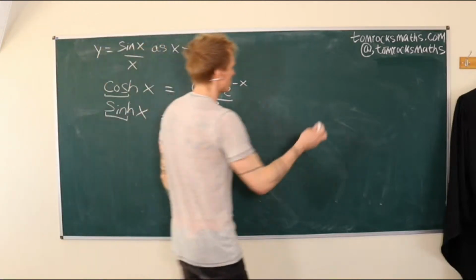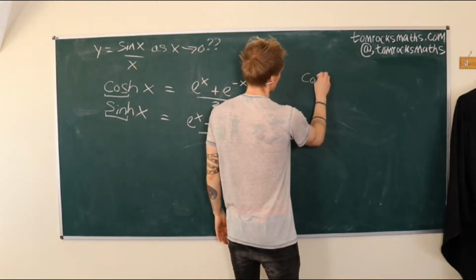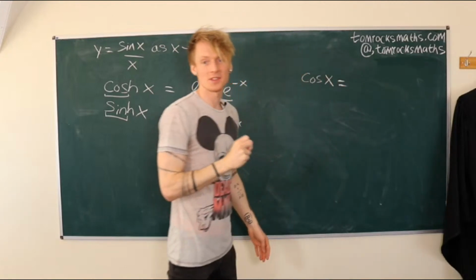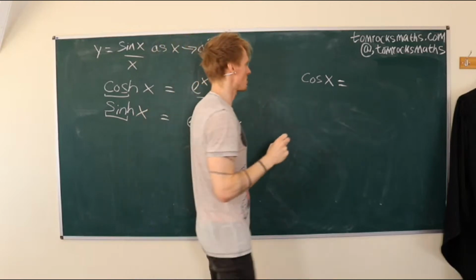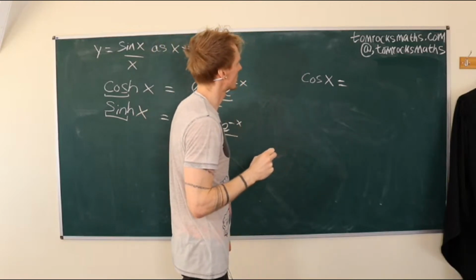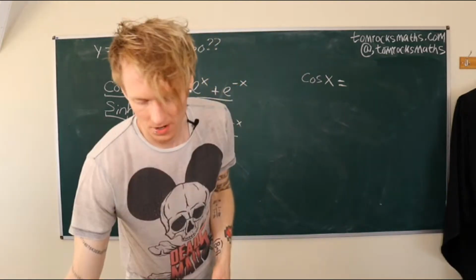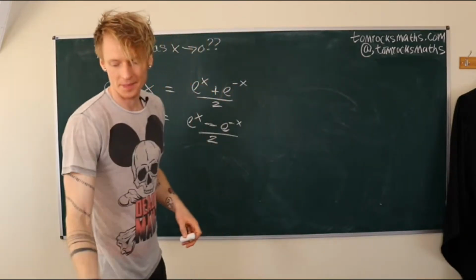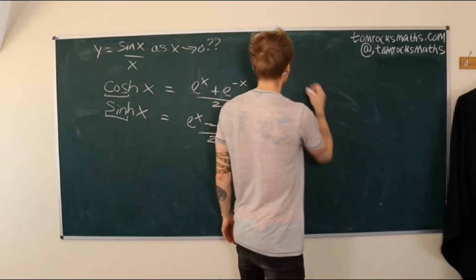So what we can actually do is write cos of x in terms of exponentials. So cos of x, actually, rather than me jumping in there, let's use Euler's identity.